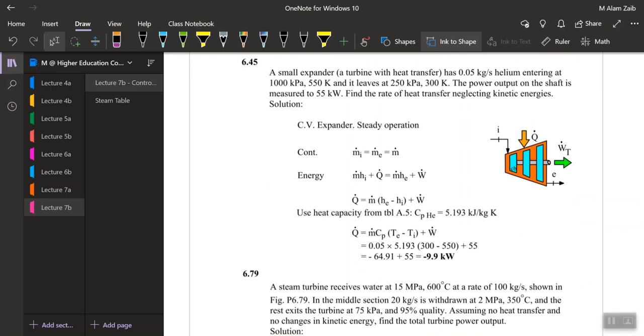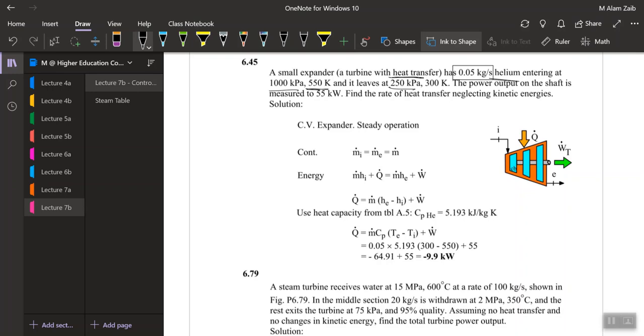Question 6.45. A small expander, we have got the expander or turbine with a heat transfer. So there is heat transfer in and out of the turbine somewhere. It has a 0.5 kg per second mass flow rate of helium entering at 1000 kPa of pressure, 550 Kelvin of temperature, and it leaves at 250 kilopascal of pressure and 300 Kelvin of temperature.